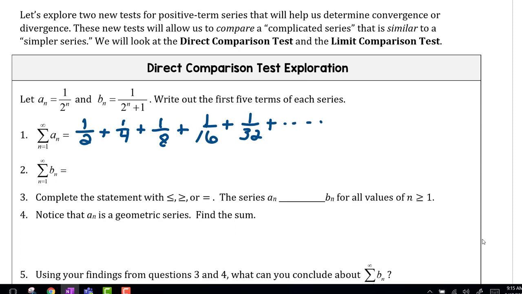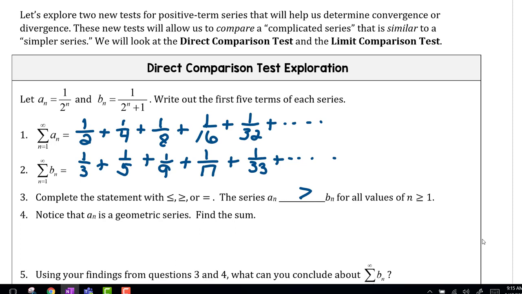For b sub n, the first term is going to be 1/3, then 1/5, then 1/9, 1/17, and then 1/33. So we can complete statement 3, which says a sub n is greater than b sub n for all values of n greater than or equal to 1.